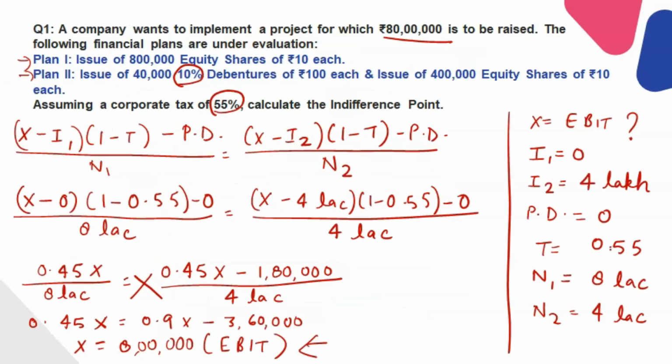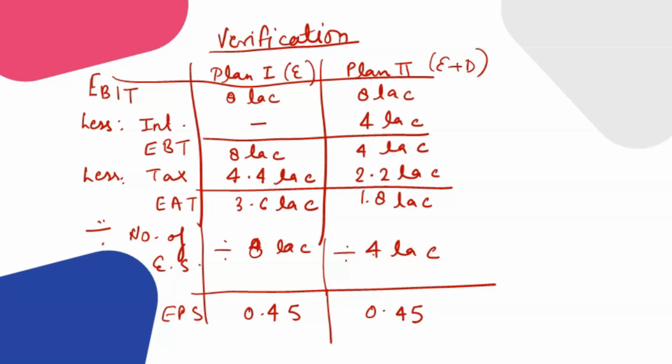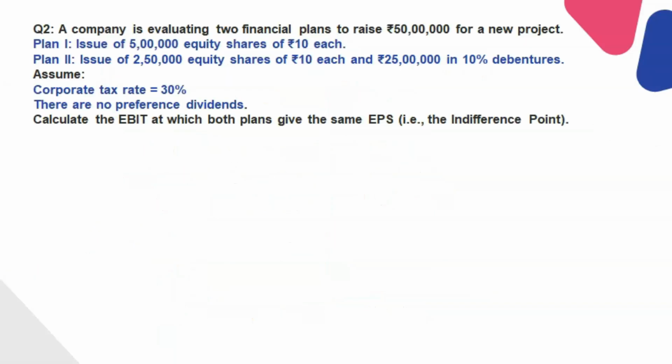You can first solve the indifference point with the help of the equation. The equation may look dangerous and lengthy, but just write all the values of the variables, put them there, and then only the calculation part remains. After finding the EBIT, that was 8 lakh, you can verify whether EPS is the same or not.